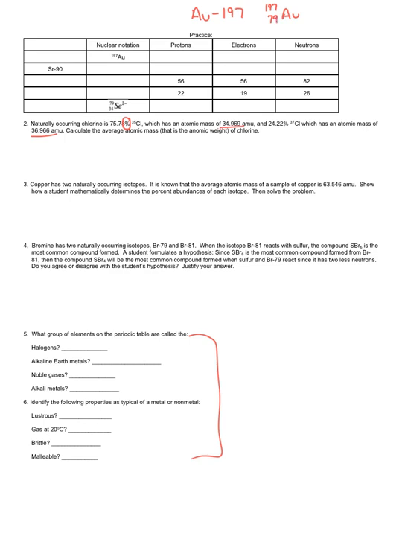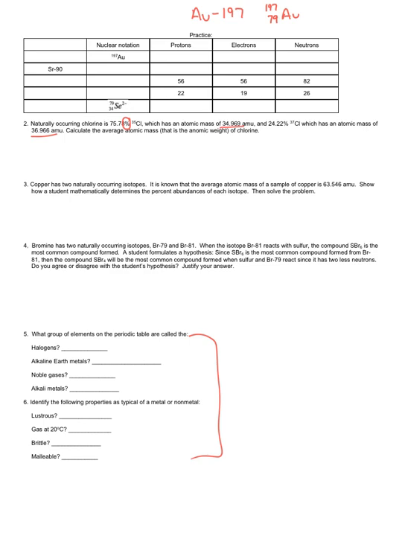They don't have to give that number 79 because you are going to have access to the periodic table. You can look it up. So sometimes in this nuclear notation, they will give you the atomic number at the bottom, but they don't have to. Just understand that the bottom number will always be the atomic number for the element, which you can look up in the periodic table. The number above is the mass number.